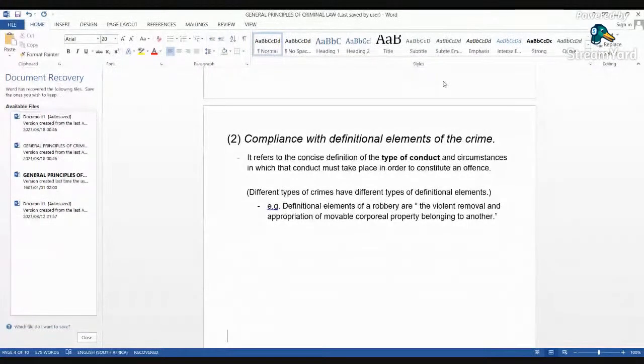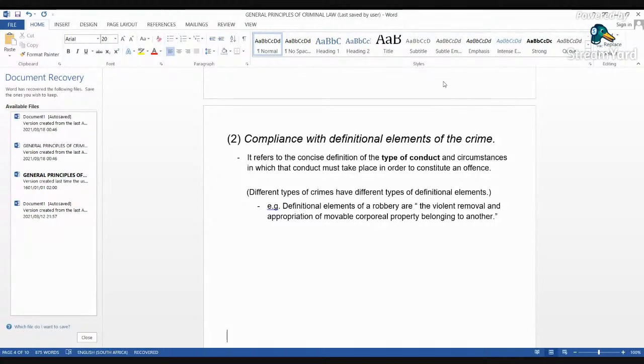Let's say you're walking down the street and someone snatches your bag, or someone just takes your phone from your bag. Yes, it is corporal property, it belongs to another person and there's appropriation, but because there's no violence, automatically it is not robbery.